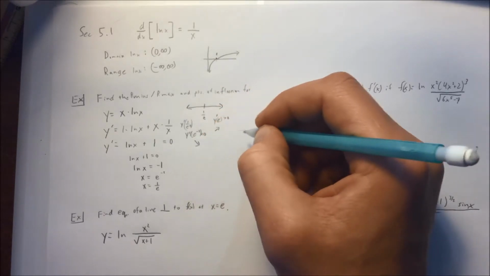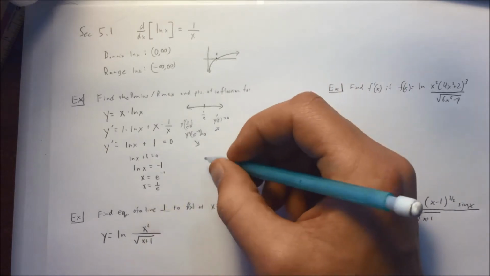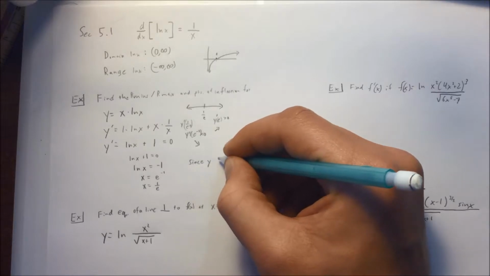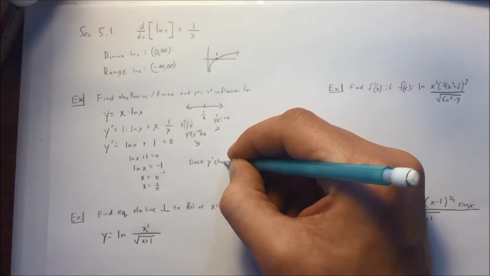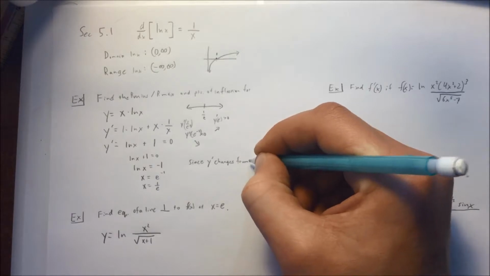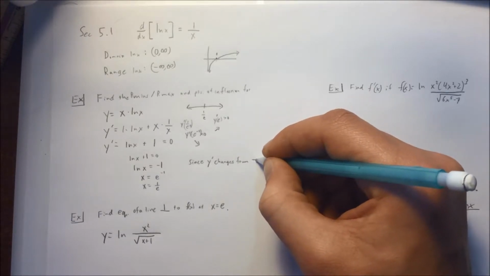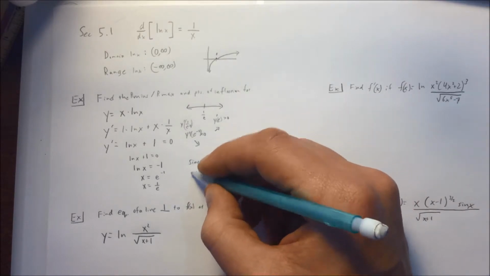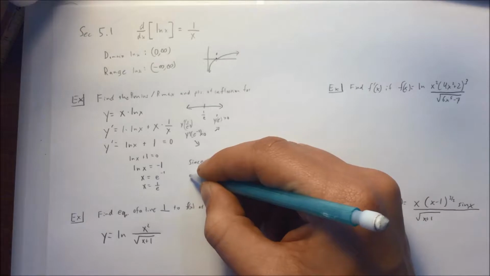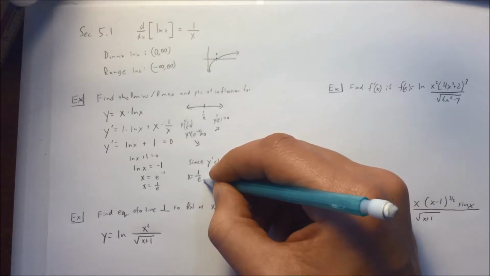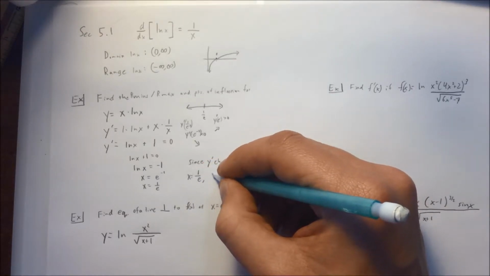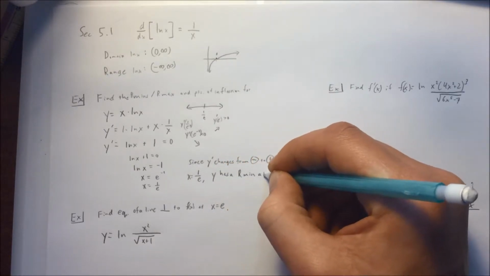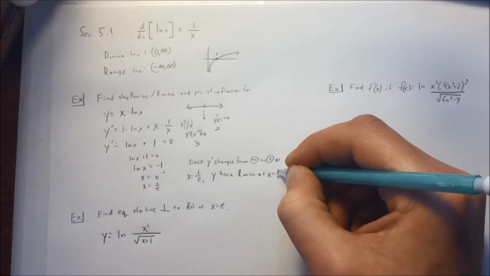So that is decreasing. So since y prime changes from negative to positive at x equal to 1 over e, y has a relative minimum at x is equal to 1 over e.